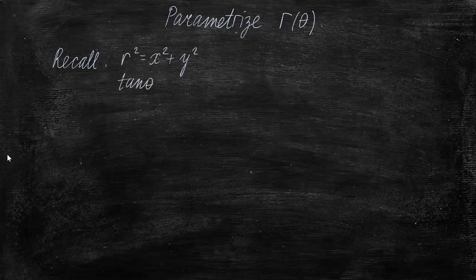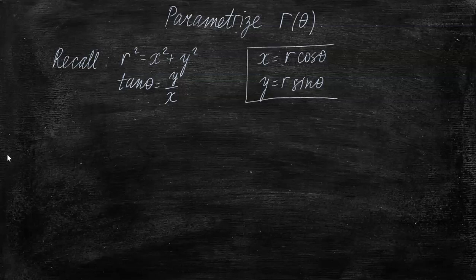Tangent theta is equal to y over x, and also x is equal to r cosine theta, and y is equal to r sine theta. So which of these relations can we use to parametrize r(theta)? Well, it looks like this set is basically made exactly for the task of parametrizing.